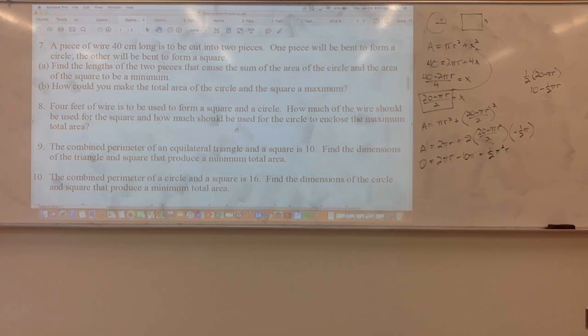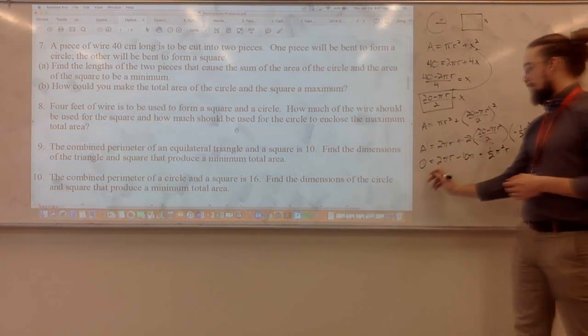So how do I solve this? So many pies. Yeah, everything has a pi in it, so I could divide everything by pi.